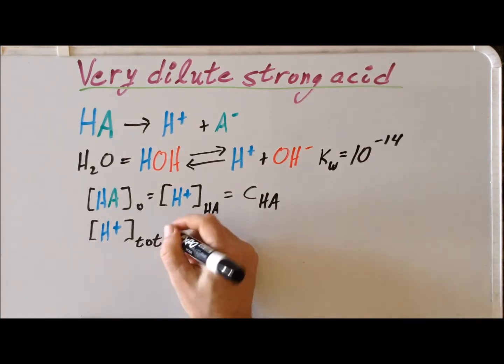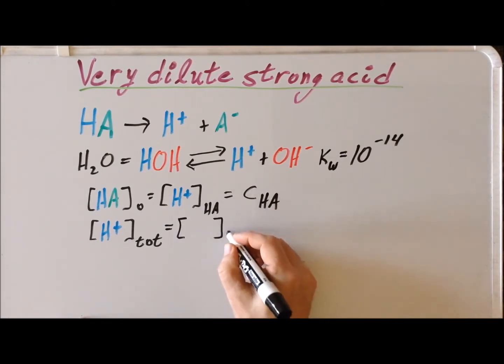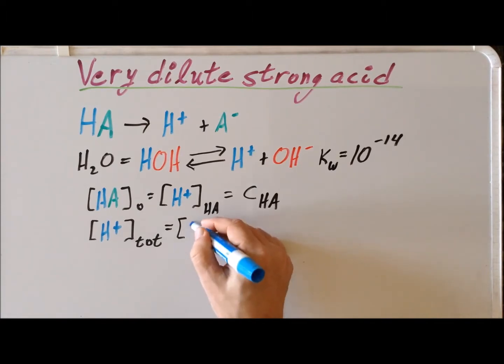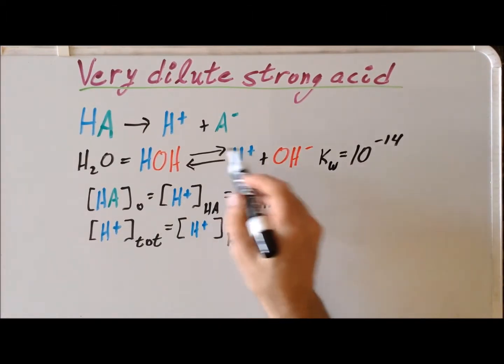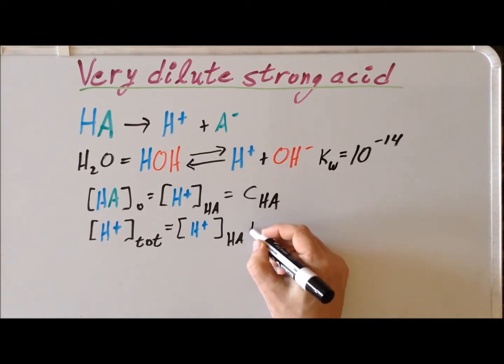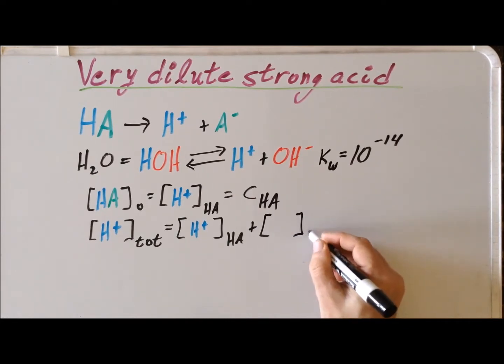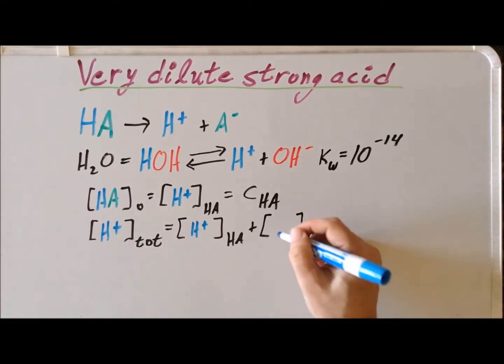So we know that some of the H+ is going to come from the strong acid, which we saw right up there. But notice also that we're going to get some H+ from the auto-ionization of our aqueous solution of water. So we'll put that as sub H2O.